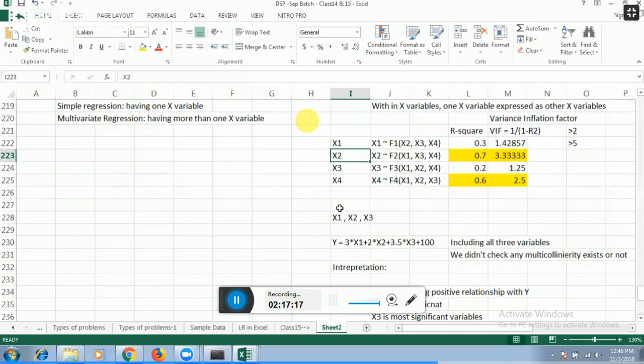Ideally you should drop x2, but if x2 and x4 are both involved, you need to decide which one to drop. Suppose x4 has a lot of missing values that you imputed with some value, then I will drop x4 rather than x2. Able to follow me? That is one kind of scenario.